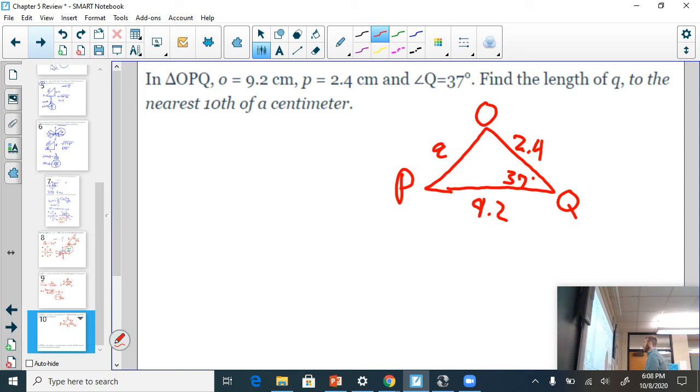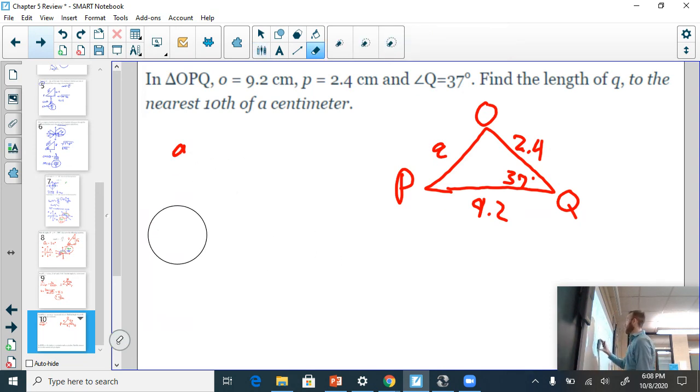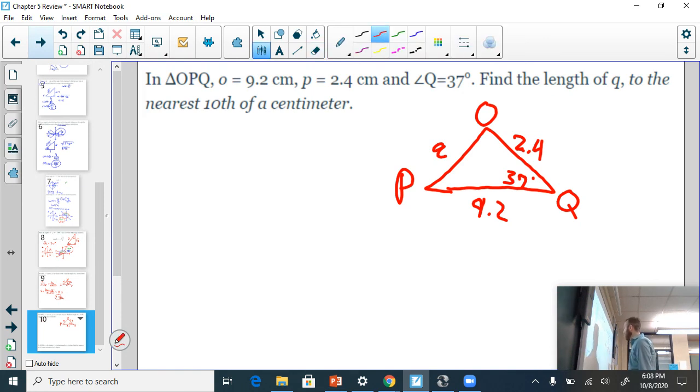Again, this is one where I look at it and I'm like, oh, let me use the law of sines. Well, the law of sines won't work, right? Because we'll get q over the sine of 37 degrees, but then we don't really have another way to find that angle. So this is where law of cosines is going to have to come in.